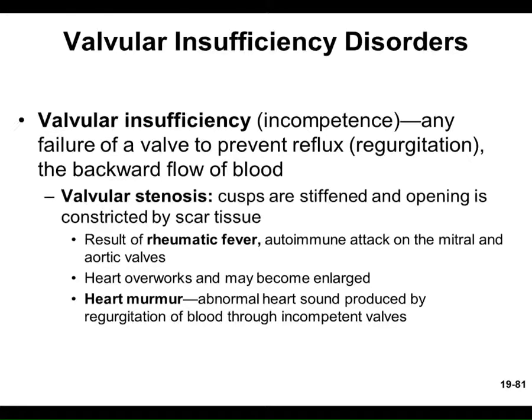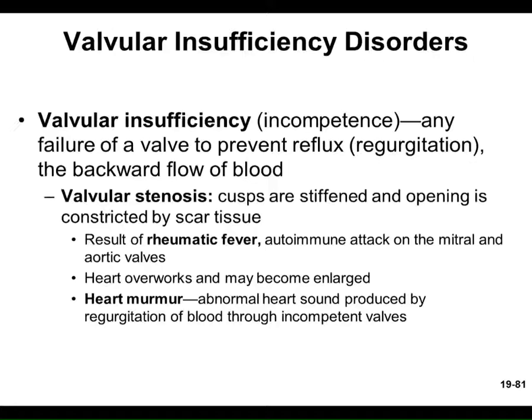Which valve is under the greatest pressure? The bicuspid or the mitral or the left AV? Why? The left ventricle is the strongest chamber, and so as it squeezes and pushes blood out the aorta, that left AV valve is also under greater pressure. So that's the one that's more likely going to become leaky if there's going to be a problem.